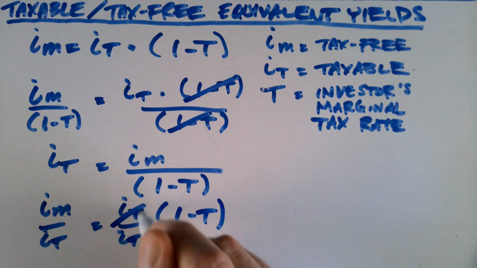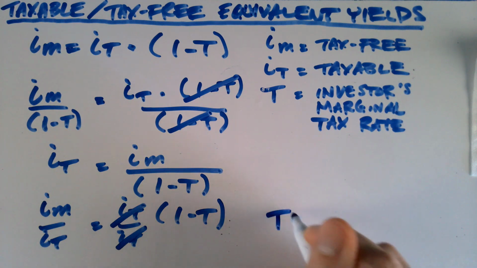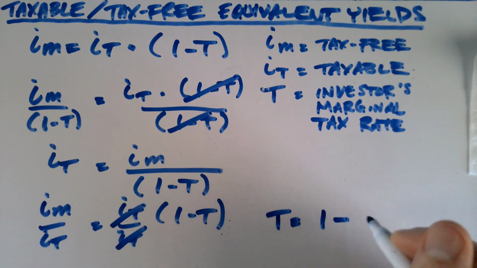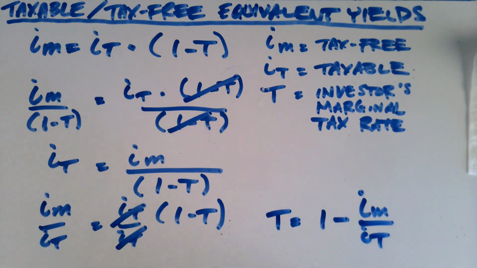And when we do, we see that I sub t cancels out. And now we can subtract I sub m over I sub t from both sides and add t to both sides. And when we do that, we are left with t is equal to 1 minus I sub m divided by I sub t.